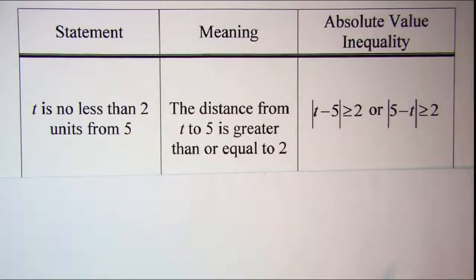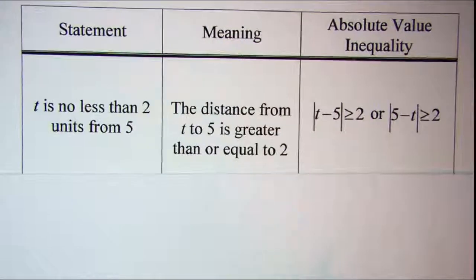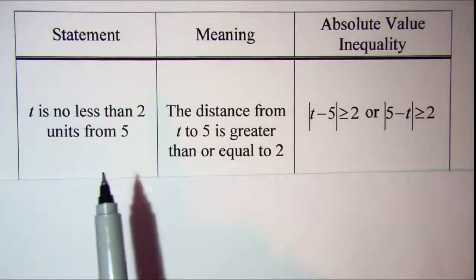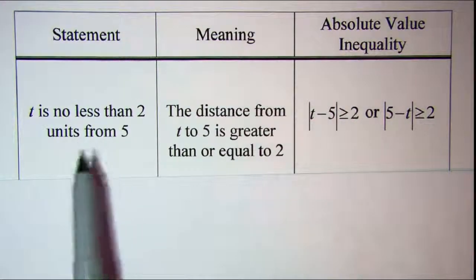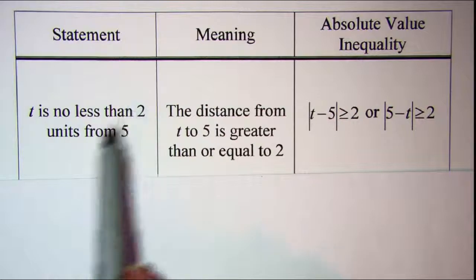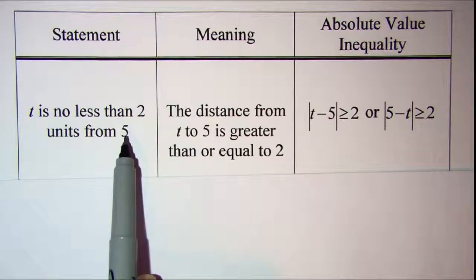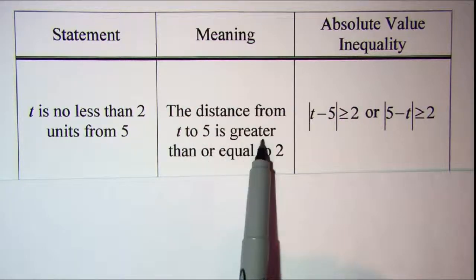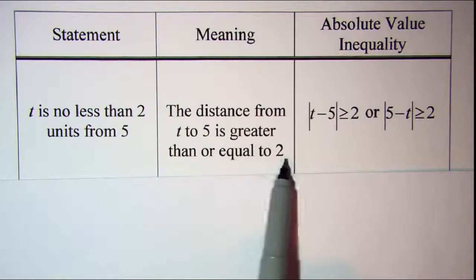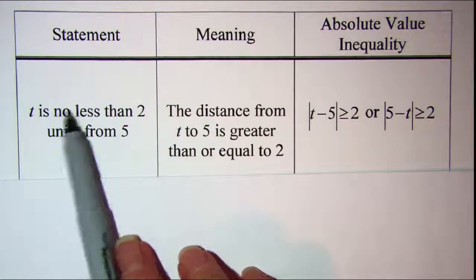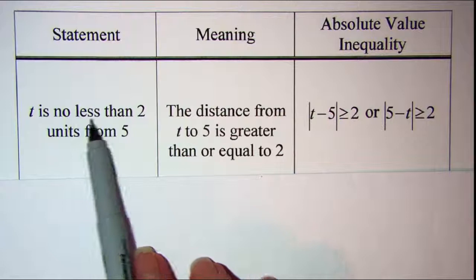Now let's look at some statements that we need to be familiar with if we're going to use absolute value to show tolerance or distance. If the statement is t is no less than 2 units from 5, that means the distance from t to 5 is greater than or equal to 2. It's no less than, so you have to consider this negative statement here.